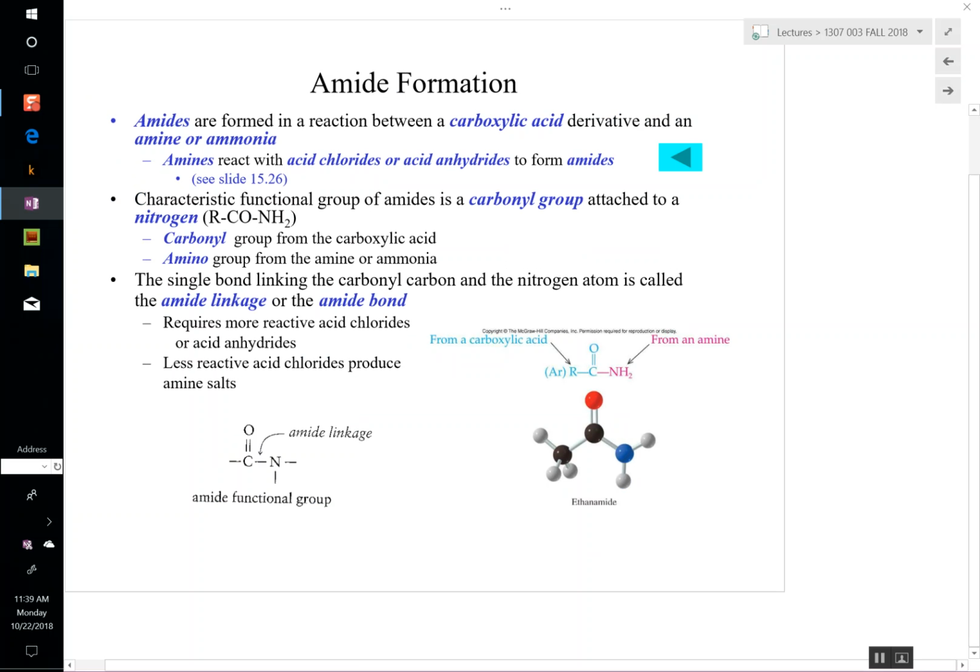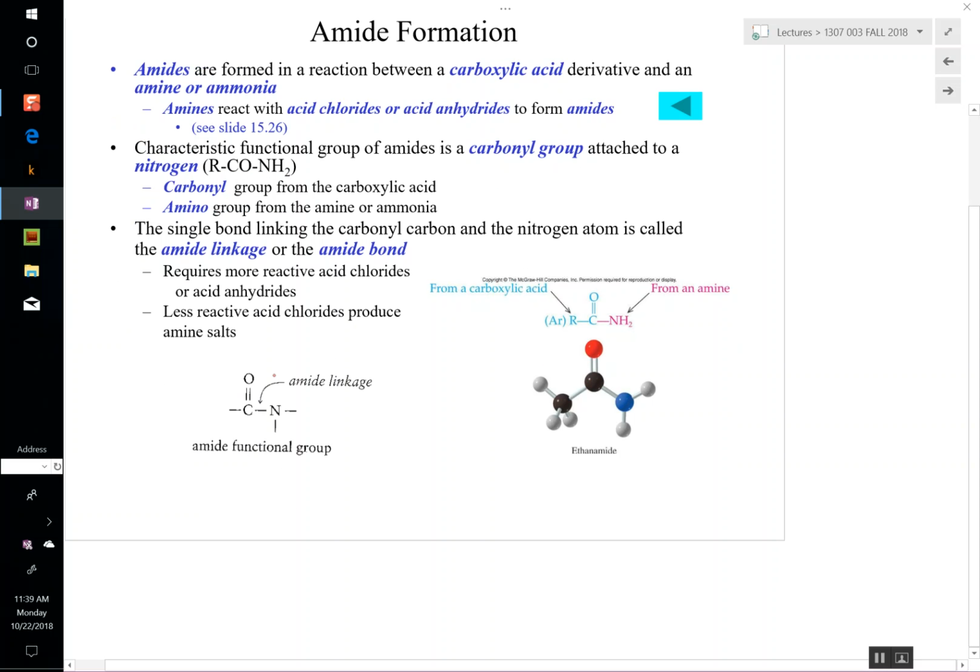All right, let's segue over into amides. Amides. So I'll just make this a little bit bigger here. That's fundamentally your amide functional group.